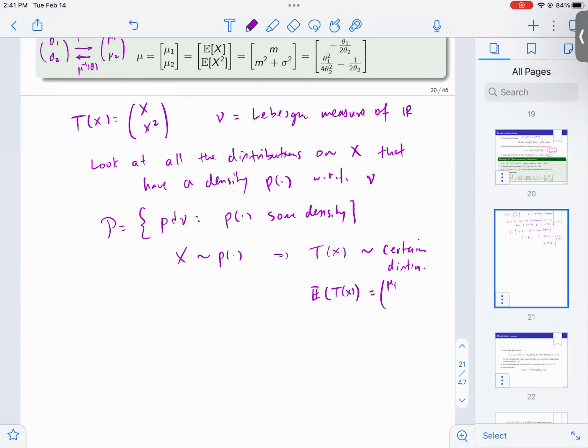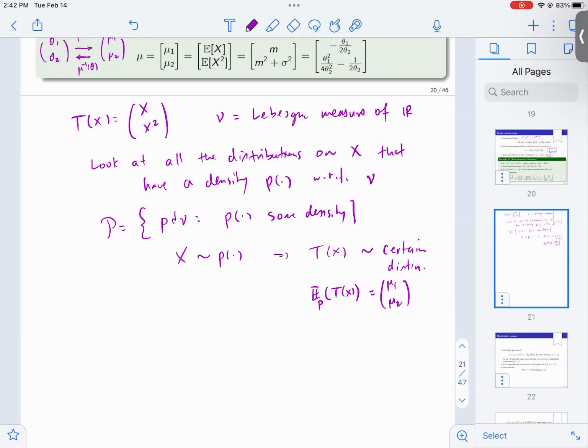Okay, and as I vary P among all possible densities, I get different values. So this P I can change, this distribution is going to change, and this value is going to change. I'm going to put a little P here to remind you that I'm taking the expectation under the assumption that X has density little P, similar to the things that we were doing.